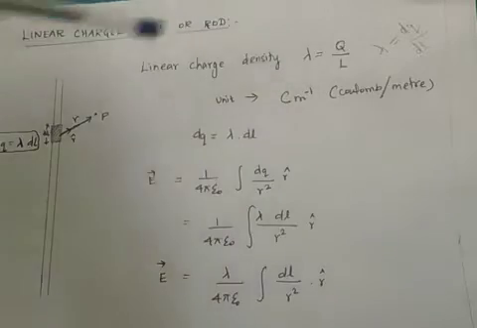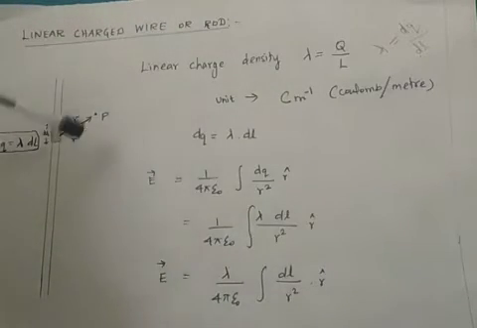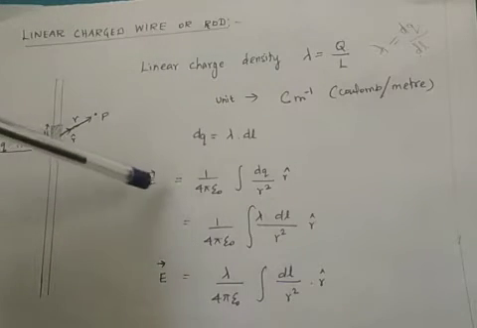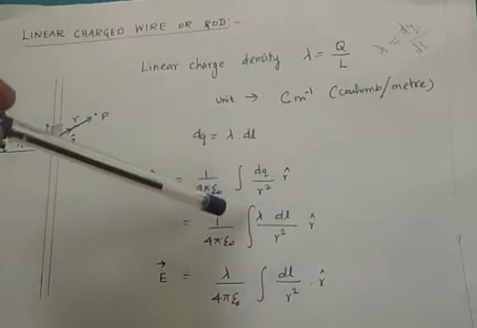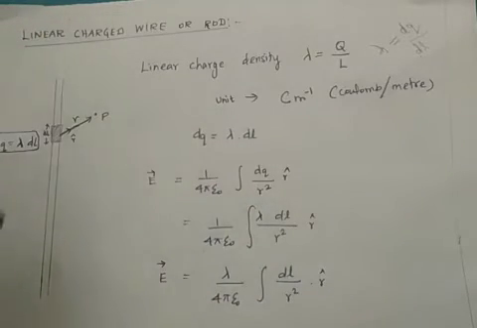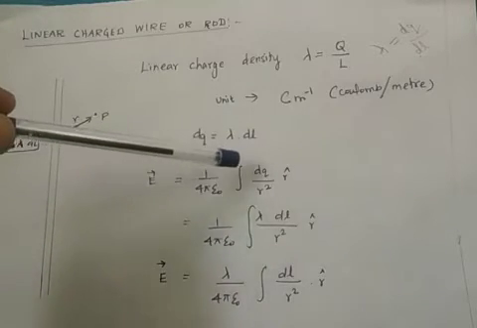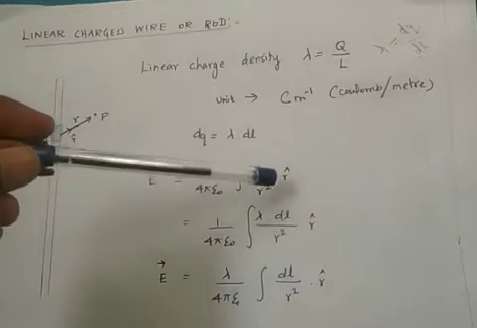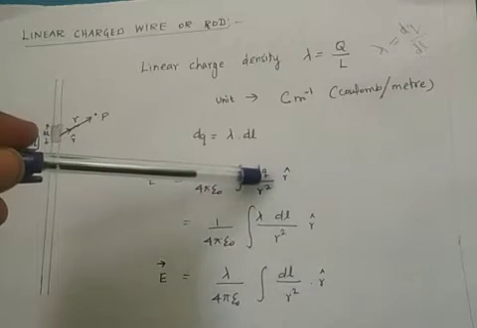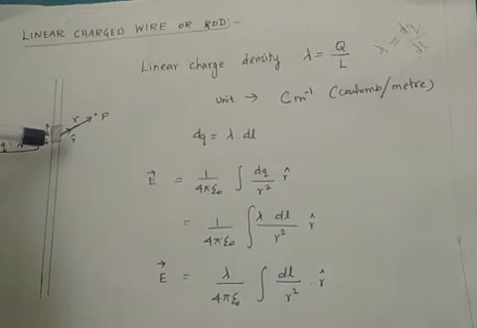Based on this we can calculate the electric field at a point P due to this linear charged wire or rod. The basic equation for the electric field E vector is equal to 1 by 4 pi epsilon naught integration. Why are we using integration? Because of the continuous charge distribution in this area or surface. So we write the integration of dq divided by r squared into r cap. Here dq is a very small amount of charge present in the smaller portion dl.